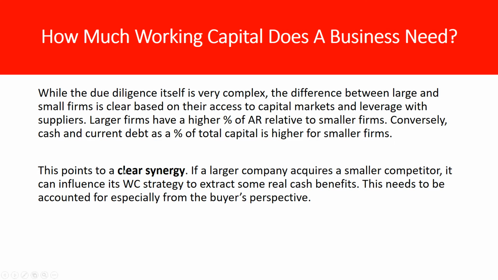So this points to a clear synergy. If a larger company acquires a smaller competitor, it can influence its working capital strategy to extract some real cash benefits. What essentially that means is reducing working capital.